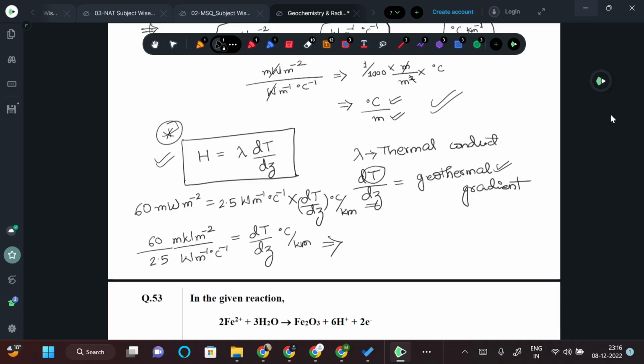So what is 60 by 2.5? So 24. 60 by 2.5 is 24, right? I don't directly know it, but you can do it from here. If we remove this point, it will be 600 by 25.